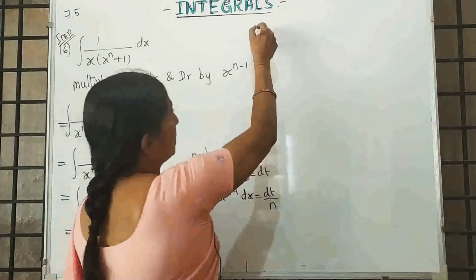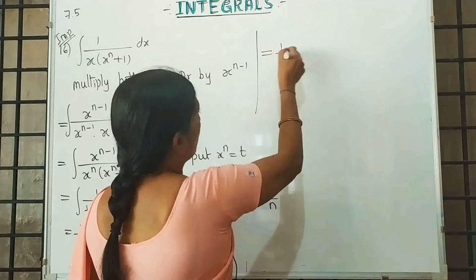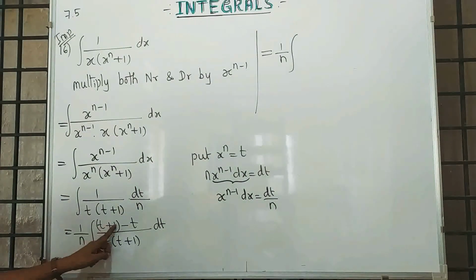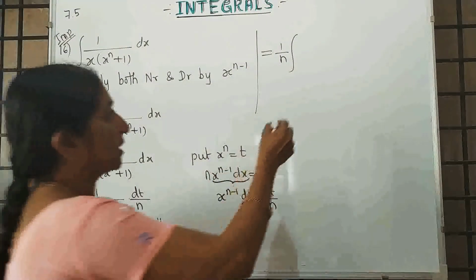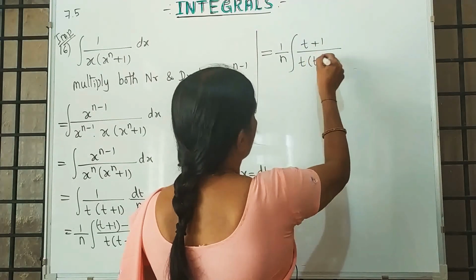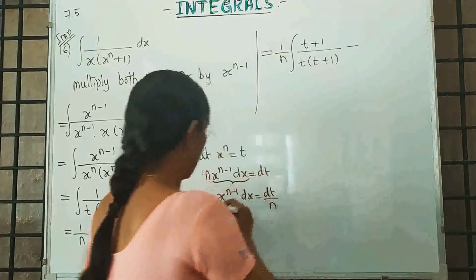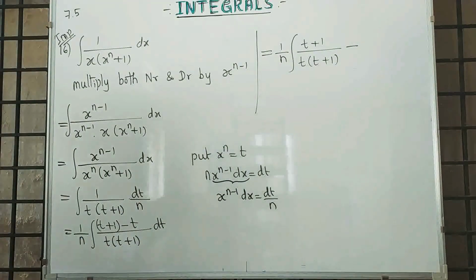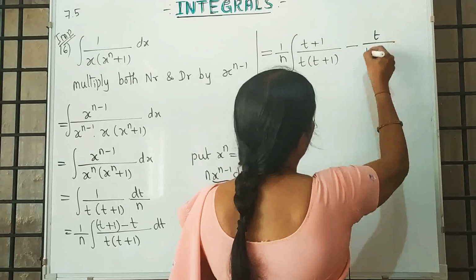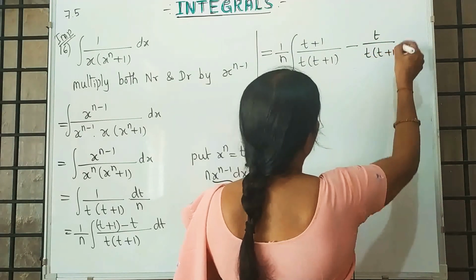See the next step. I kept 1 by n as it is. Next, t plus 1 upon this whole denominator t into t plus 1, I am writing. In the middle, minus. Next I am writing again t upon t into t plus 1.